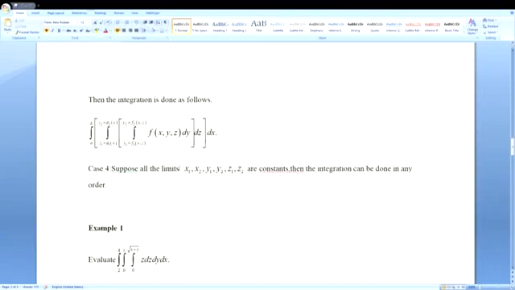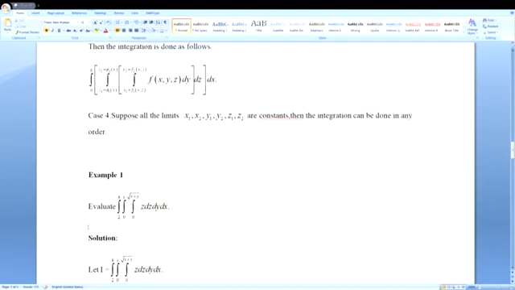Let us see an example. Evaluate integral 2 to 4, 0 to x, 0 to root of x plus y, z, dz, dy, dx. See here, the limit for z is given as a function of x and y, root of x plus y. So we integrate with respect to z first.